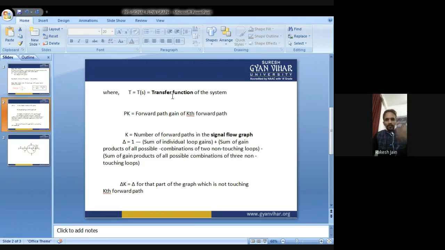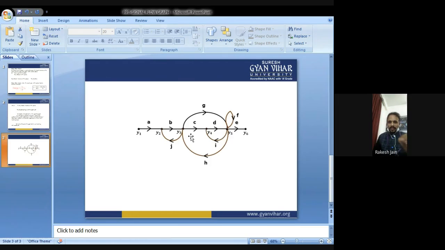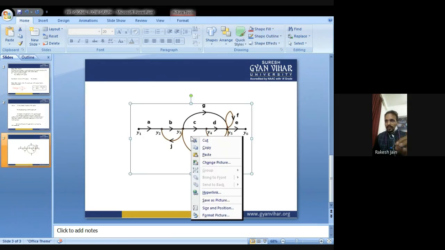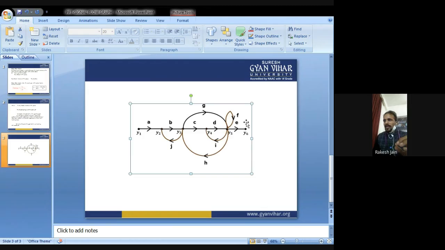Apart from the formula, when we solve a complex numerical like the previous simple numericals, you will be very much aware of how to find the transfer function with the help of a signal flow graph. So let's suppose we use a complex question. I just copy it and will show this in MS Paint so that you can easily see how to solve the numerical step by step.